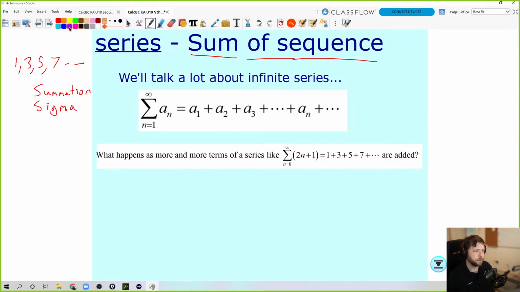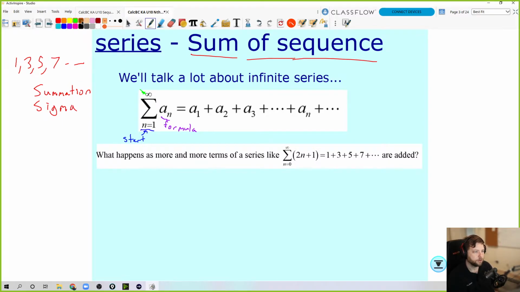A few notes on that notation right here. You have a few key parts. Right here is going to be your formula. Probably want to write this kind of stuff down. Then down here, we're going to have n equals 1, typically a number like that. This is where we start, your starting number. And then on the top is where you finish.